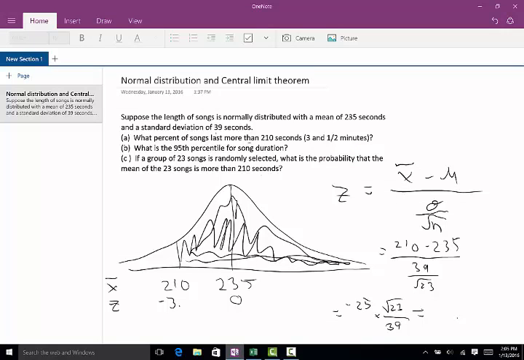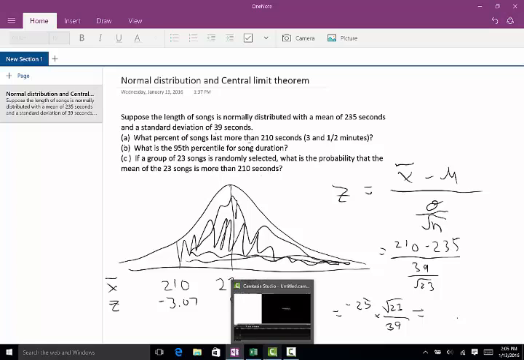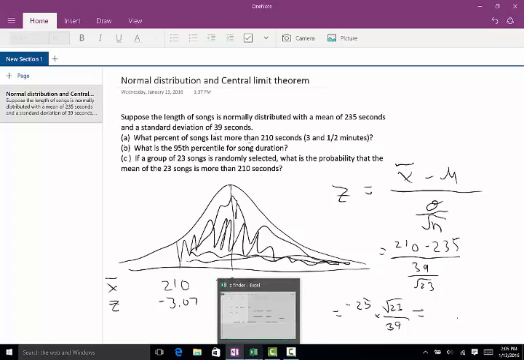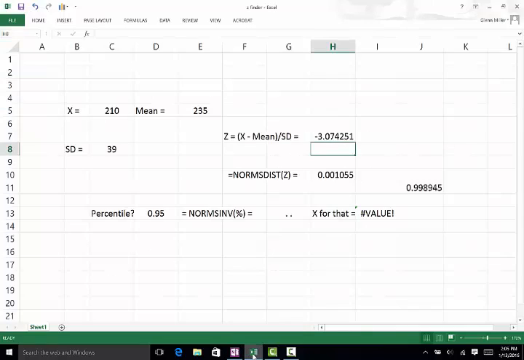Negative 3.07. Find the area associated with that. What Excel is going to tell me is that area is very small, 0.001055, and 1 minus that is going to be almost 100%.